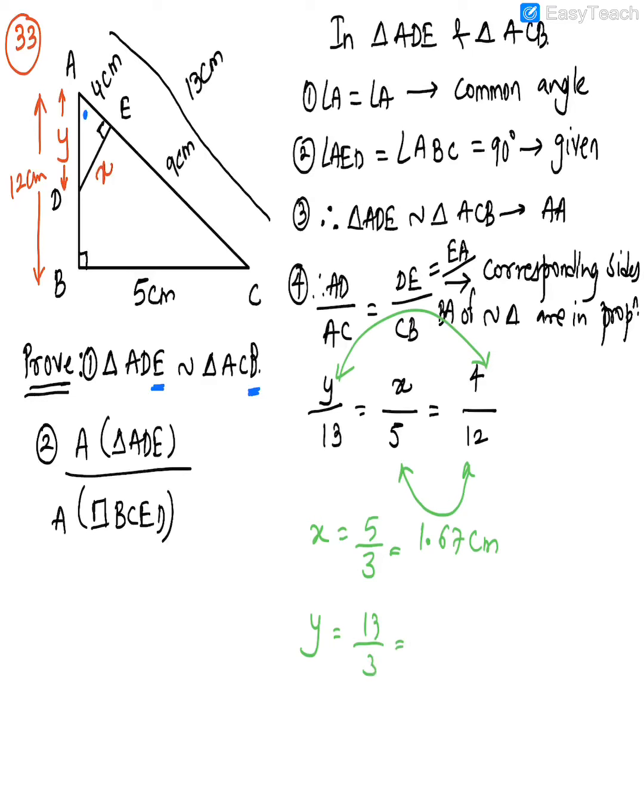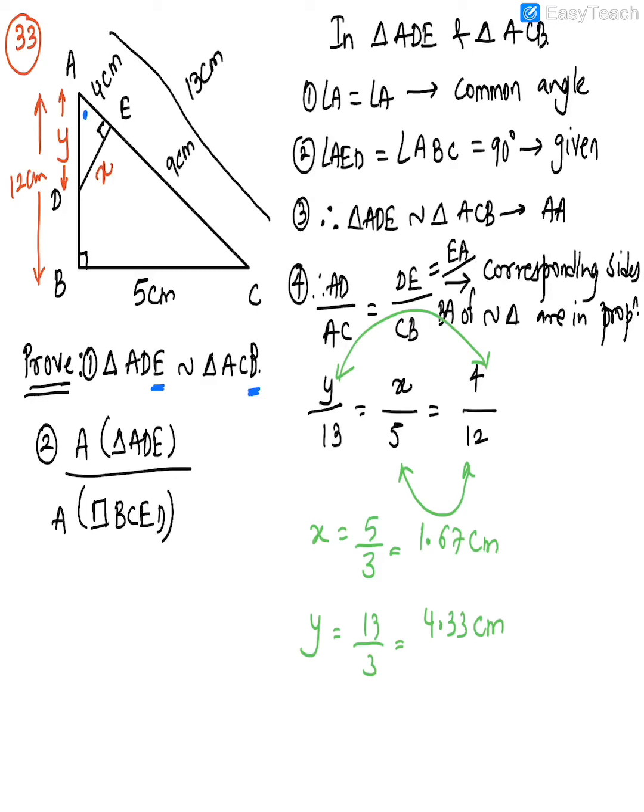Next, guys, now we have to find the ratio of the area of these triangles. So first, what will be the ratio of area of triangle ADE upon ACB? We'll do it on the next part, guys.